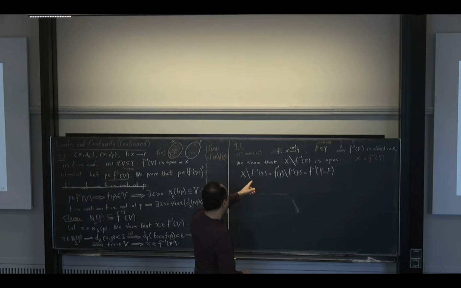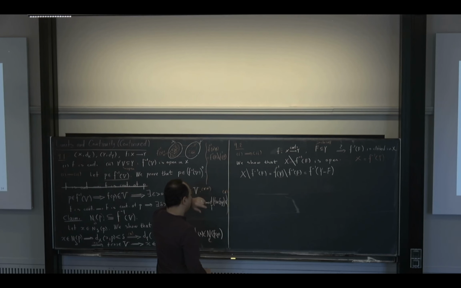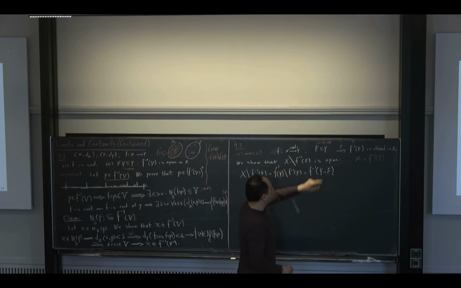We want to show that f inverse of the complement is open. Okay. Yes, everything is right. So we want to show that this one is open, and then I calculated this one, I get this one.